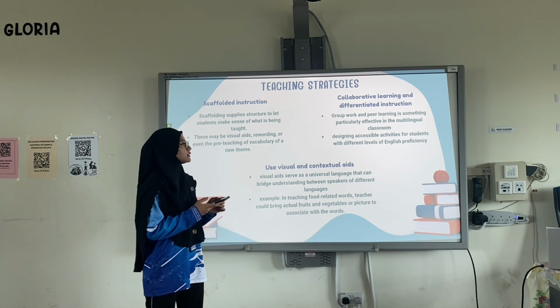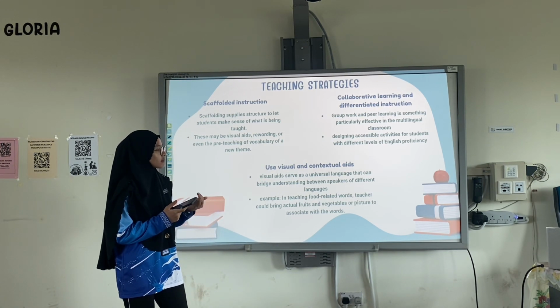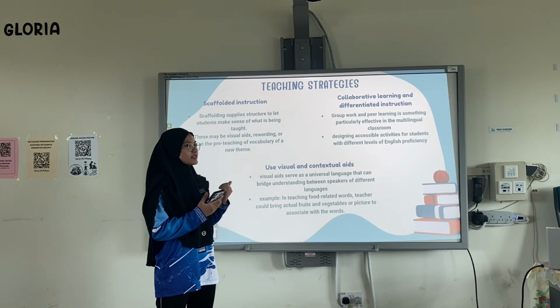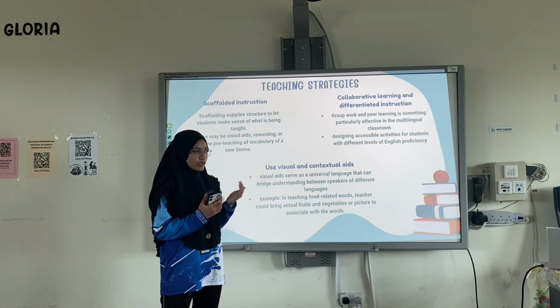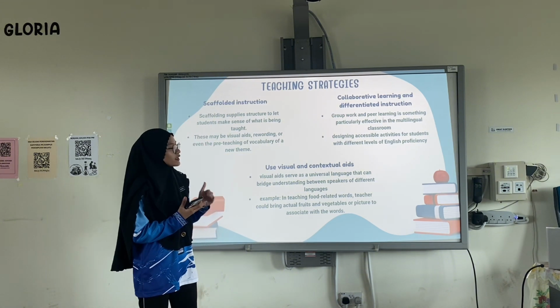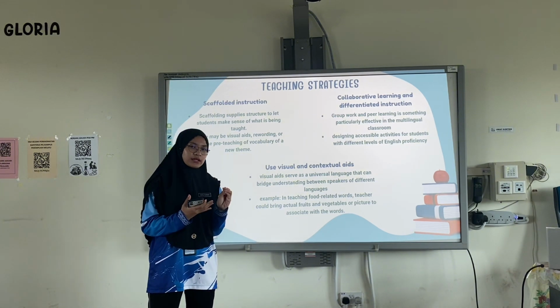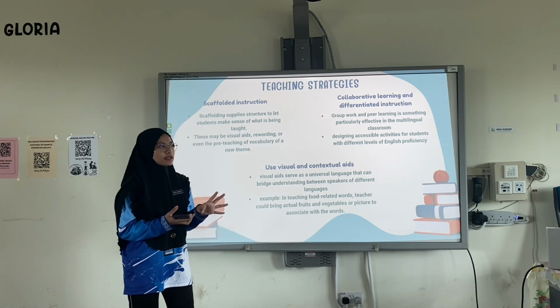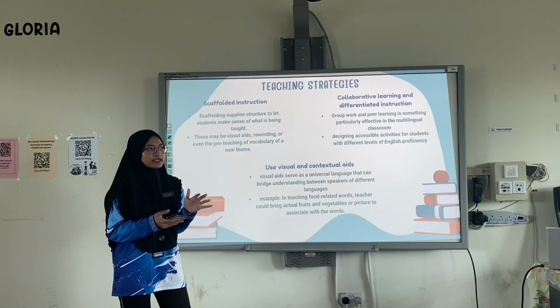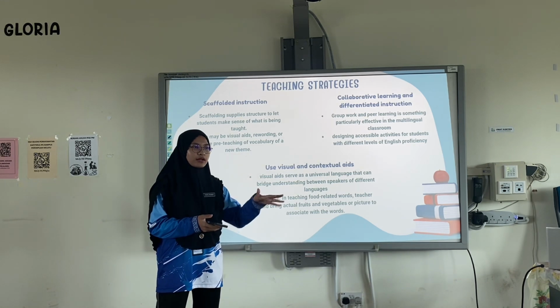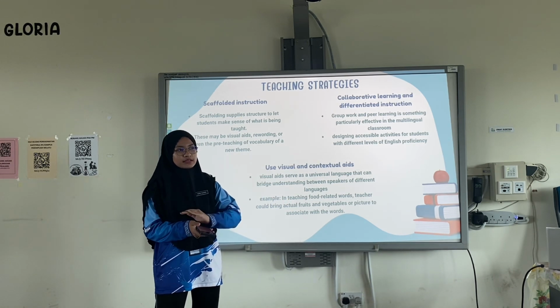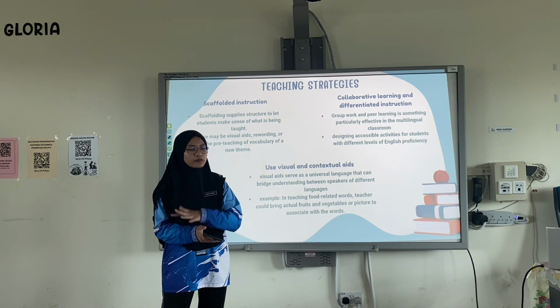And then differentiated instruction, which means teachers can use different instruction for different children. For example, in the classroom there will be children who are fluent in English and children who are not really fluent in English.